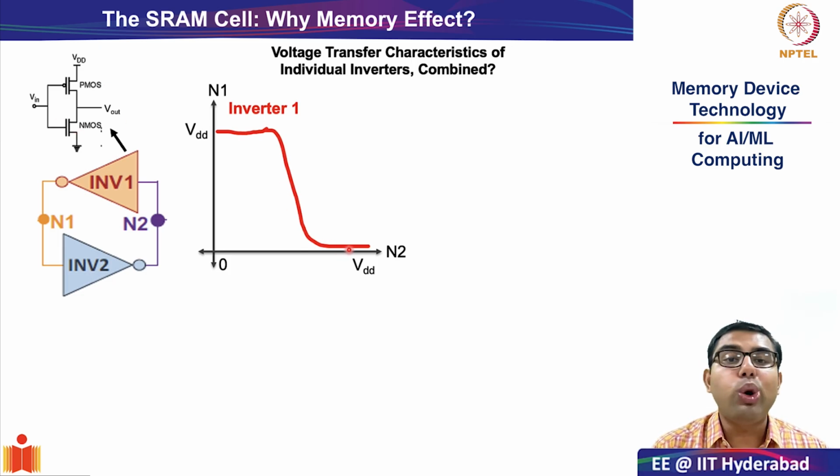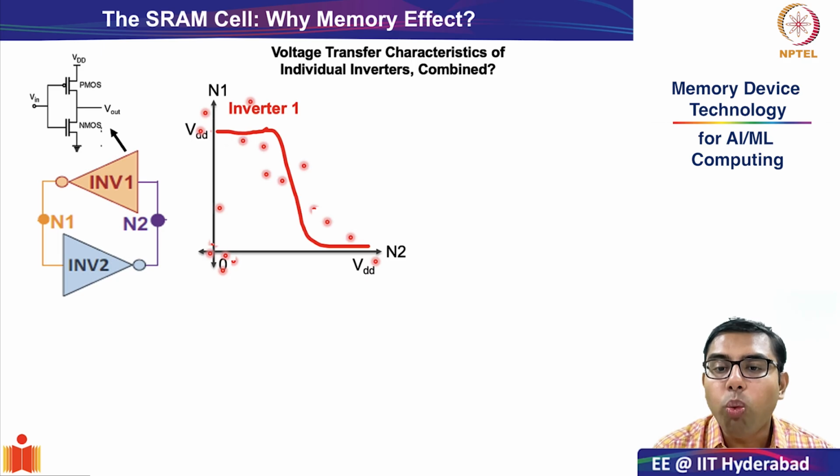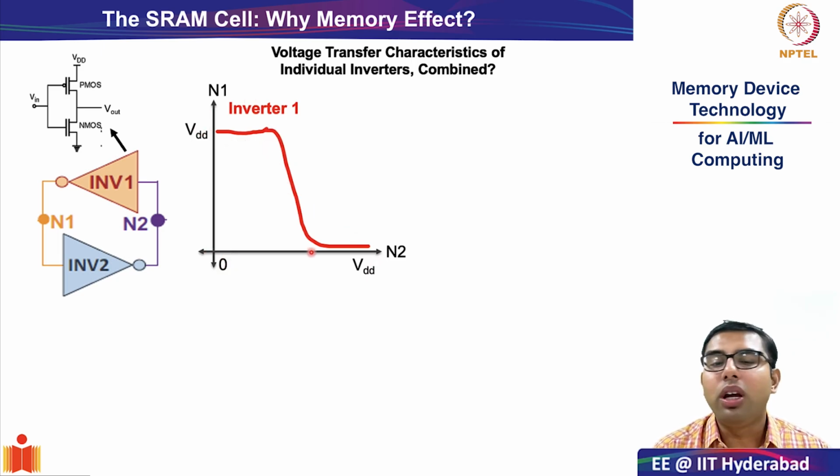An important thing to note in this inverter characteristic is that it is not an abrupt transition. The transition from the first stable state, 0 1, to 1 0 is not abrupt. There is a finite slope, and this is indicated by the gain of the inverter.